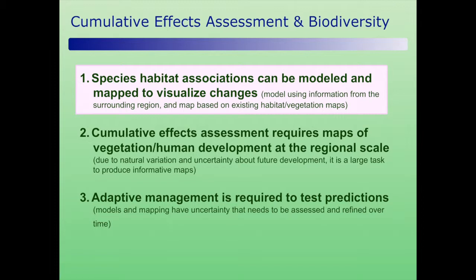One needs to have monitoring and adaptive management so that you can tell whether your prediction is correct. You can assess whether it's correct, and you can adjust the prediction over time so you get better and better predictions. This is a critical part. Without this, it's just a bunch of guesses. This testing of the prediction is a critical component of effective management.